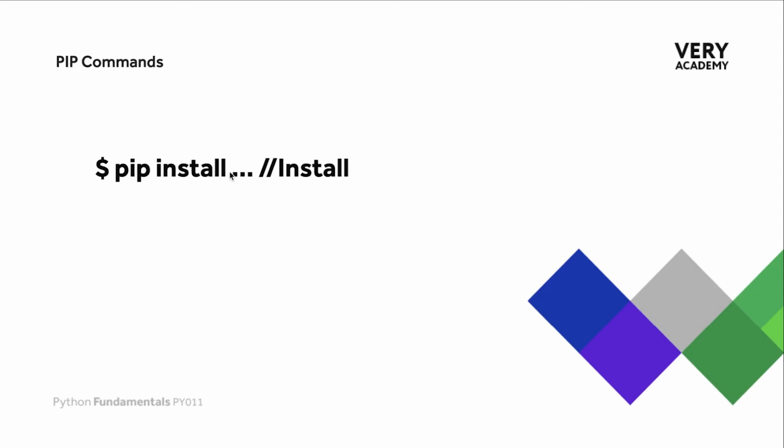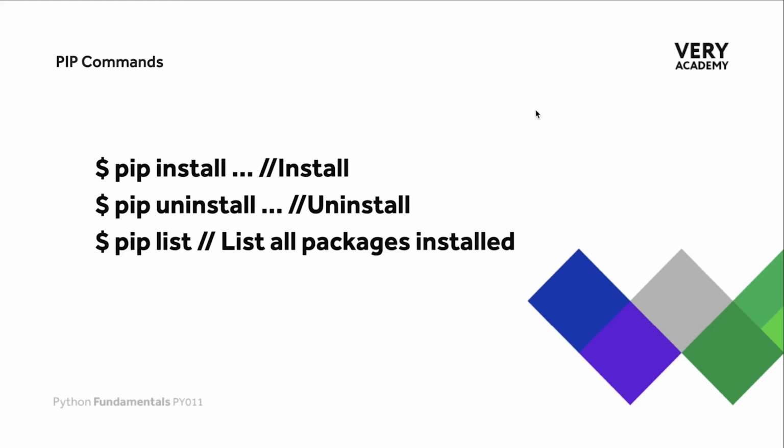So that's the first command. Pip uninstall. If you want to uninstall any of the packages that you've installed, use pip uninstall and then the name of the package. Now, if you're not too sure what packages have been installed, you can use pip list. That will list all the packages that have been installed.